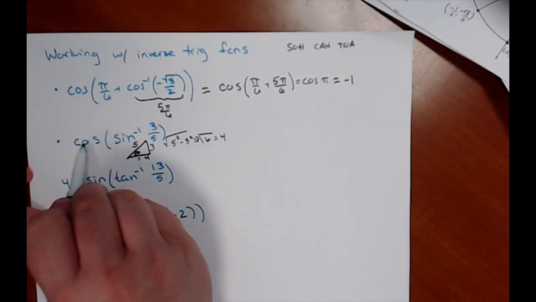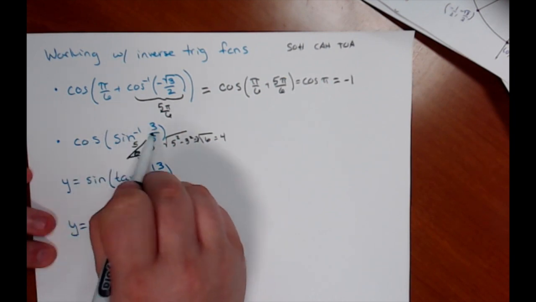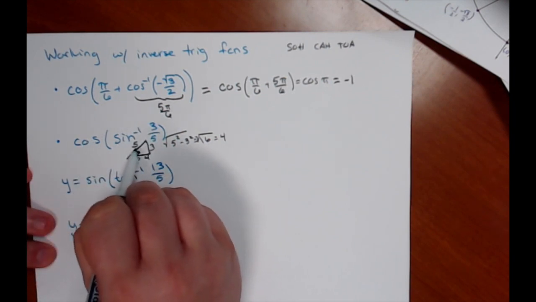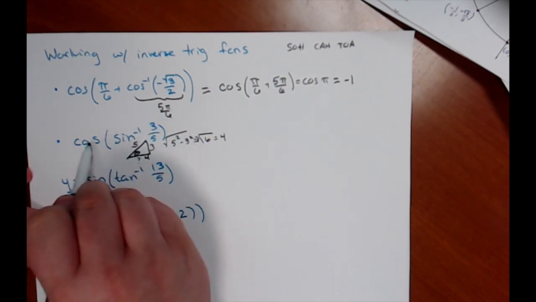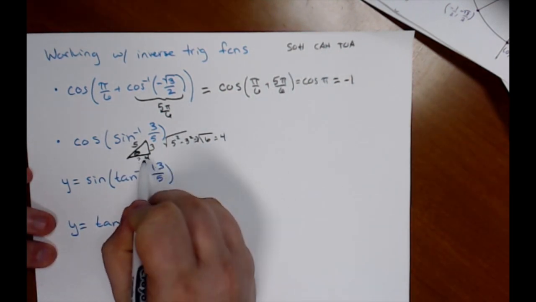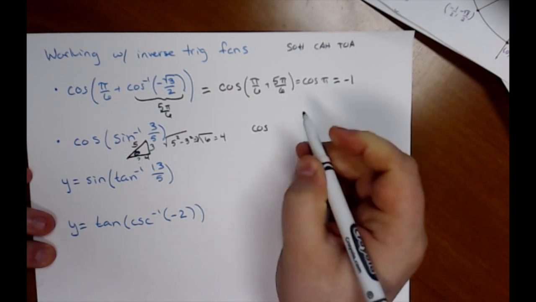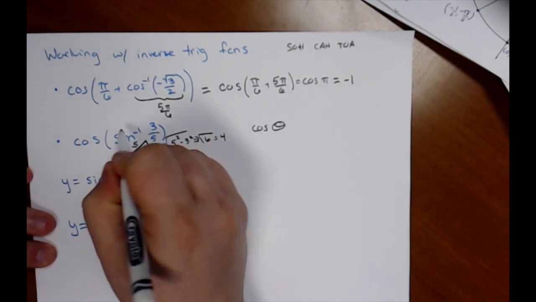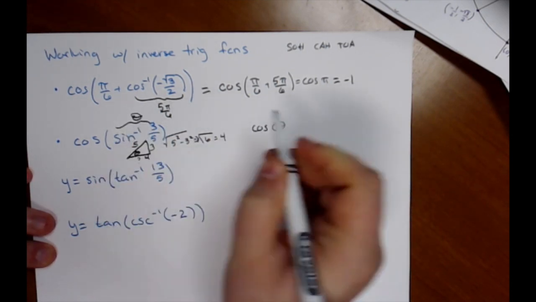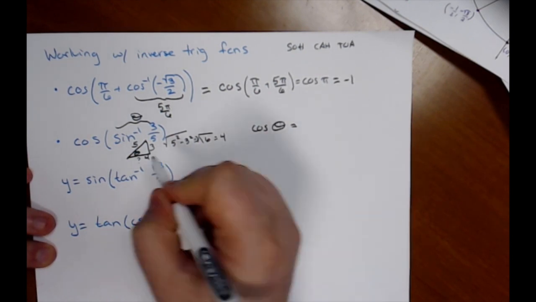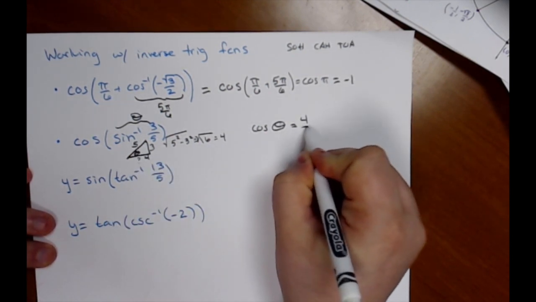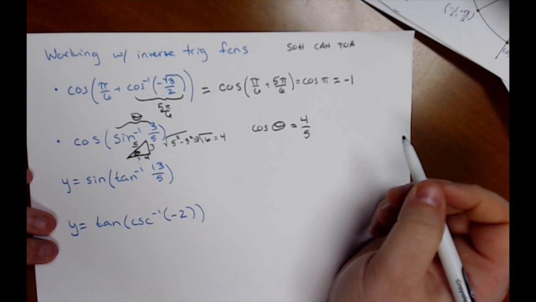So I want cosine of this theta right here. Cosine is adjacent over hypotenuse, 4 over 5. So cosine of that theta, I'll just call that theta, is 4 over 5.